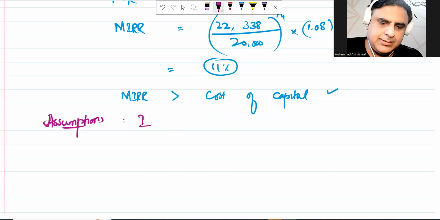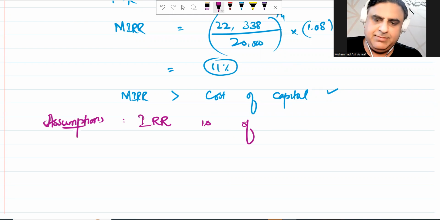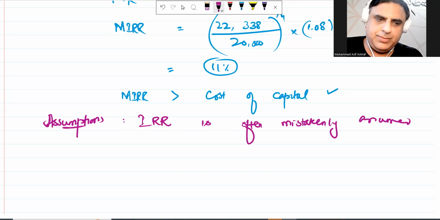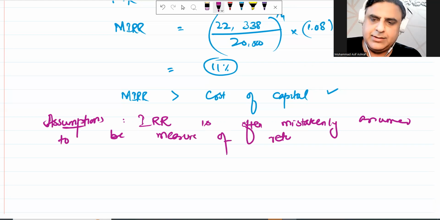IRR is often mistakenly assumed to be the measure of return from the project.